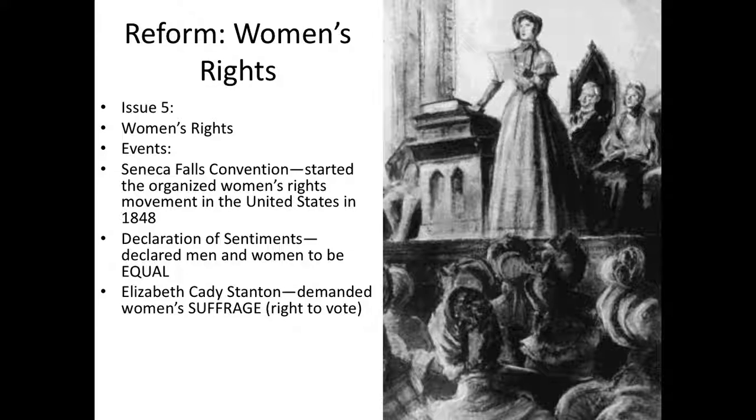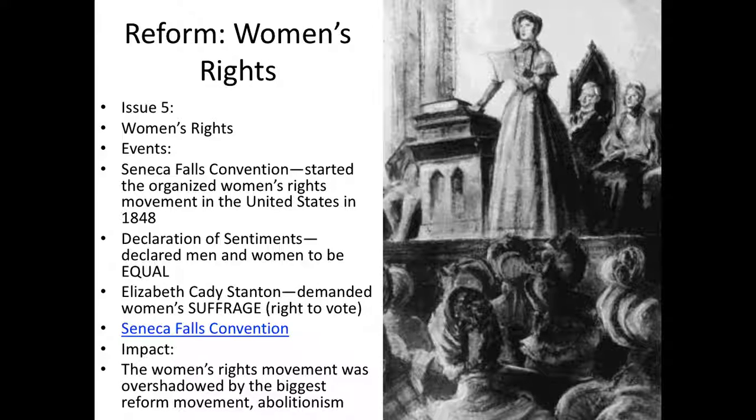Well, first off, you need to know that this is the beginning of the organized women's rights movement. This is the moment in 1848 in Seneca Falls when the women's rights movement starts to get organized. However, its impact will be limited at the time because basically another issue becomes a bigger issue.